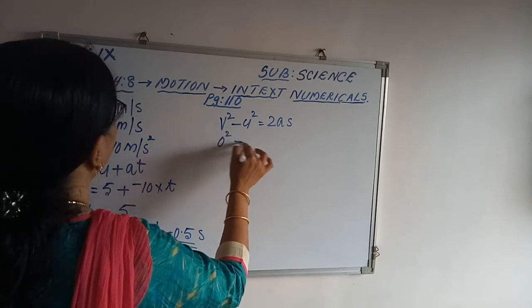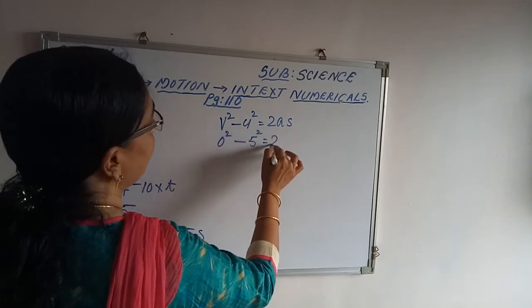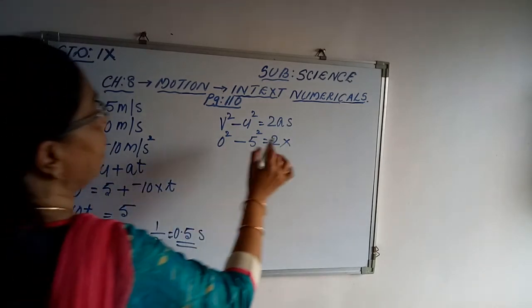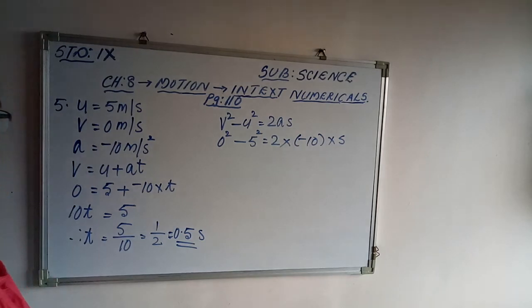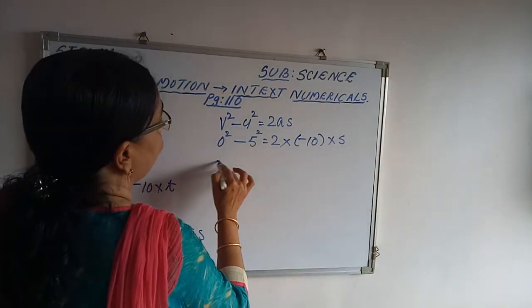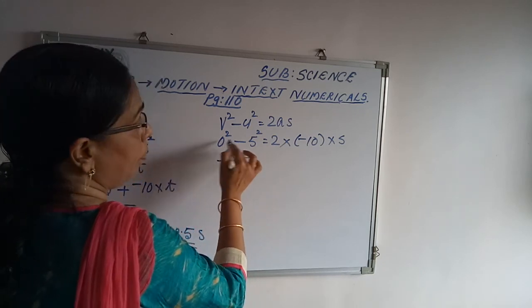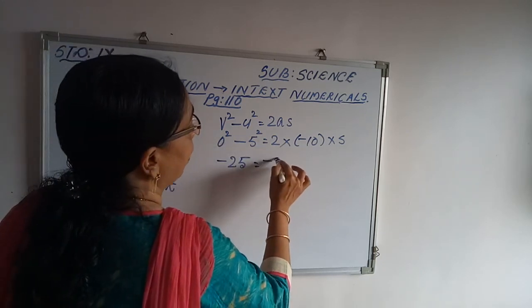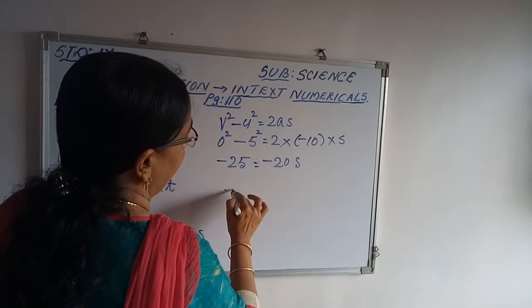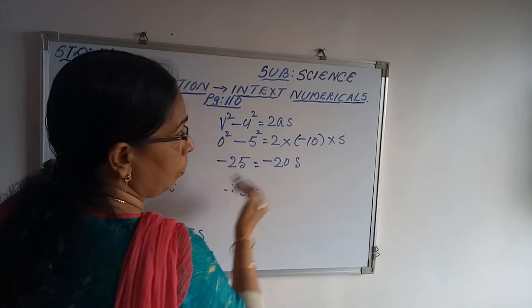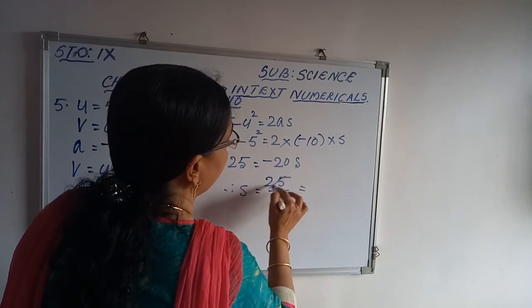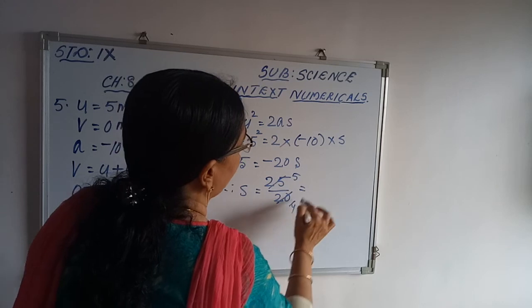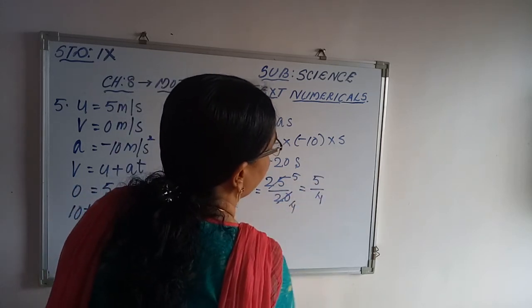It is 0 square minus 5 square, substituting the value, 2 into a, minus 10, into S. Otherwise you can use S is equal to UT plus half AT square also. Then that is minus 25. 0 minus 25, that's equal to minus 20 S. Therefore S is equal to, minus minus get cancelled, we get 25 upon 20, that's equal to 5 upon 4, isn't it?